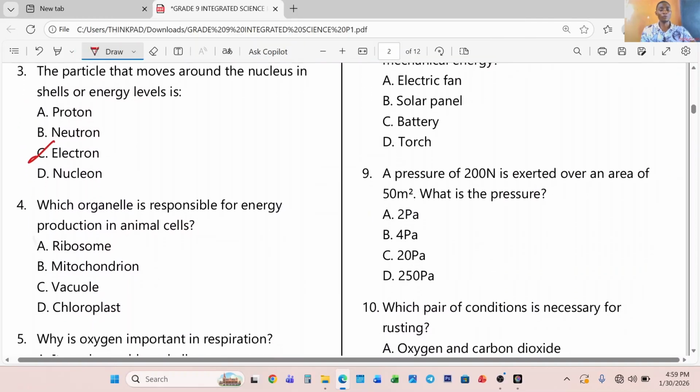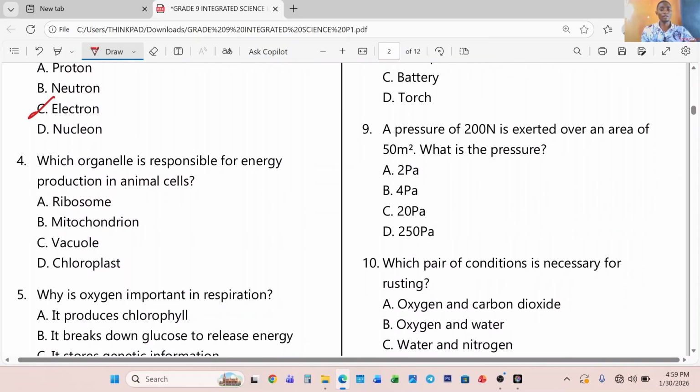Question number 4. Which organelle is responsible for energy production in animal cells? We have A, ribosome, B, mitochondrion, C, vacuole, D, chloroplast. A, ribosome, is the site for protein synthesis.